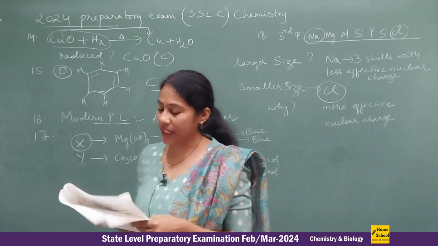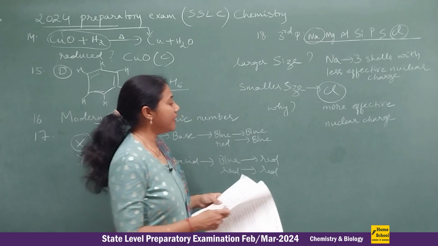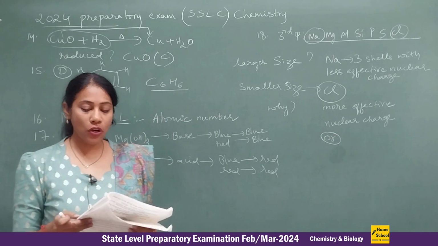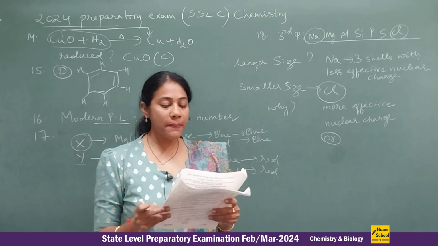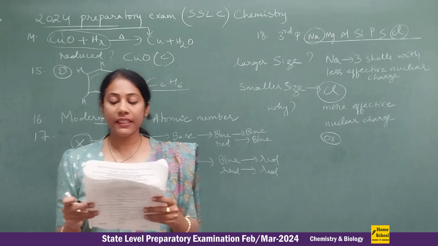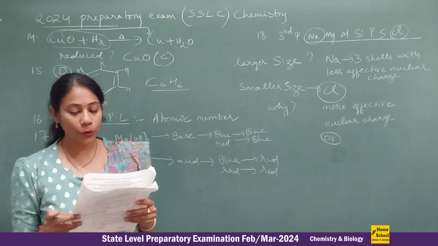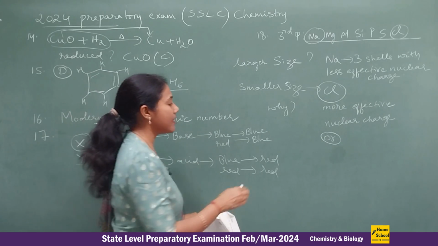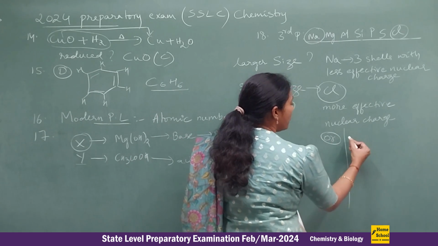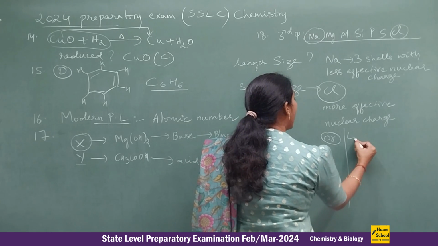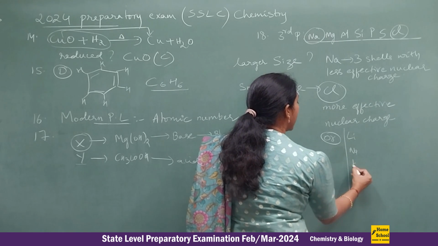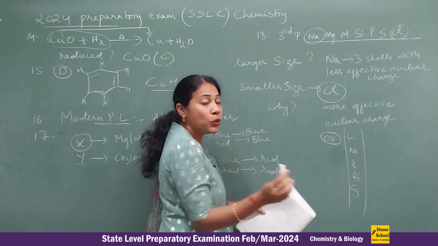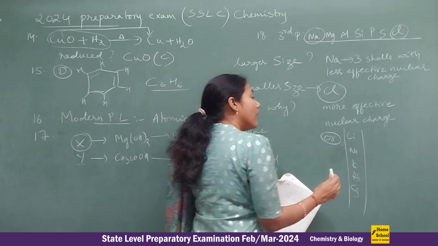So this is actually a 2-mark question, and here you also have an OR question. Let us discuss it. How does the metallic property vary in elements that belong to the same group in the modern periodic table? Give reason for this change. Suppose I take the first group elements: lithium, sodium, potassium, rubidium, cesium. What happens to metallic nature in a group?